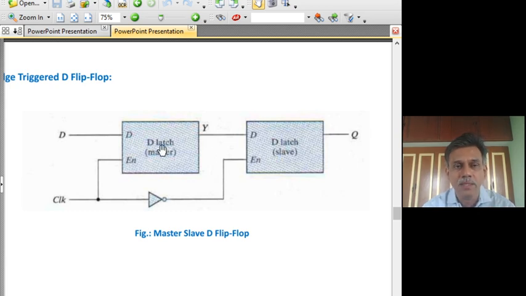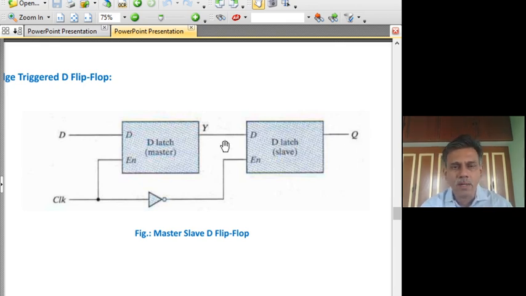So whatever be the last value that the master has been storing during the transition, which is available in Y, will start affecting the slave latch, and the slave latch will retain the value given by Y and it will be stored and it will be available at Q.